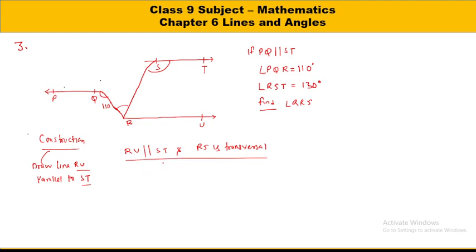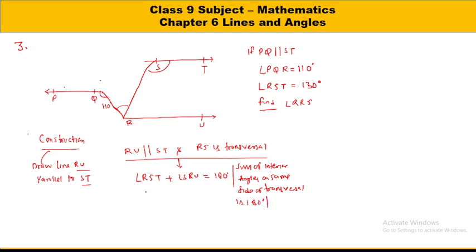Now on the basis of this, we can say that angle RST plus angle SRU is equal to 180 degree. That is, the sum of interior angles on the same side of the transversal is supplementary, is 180 degree.